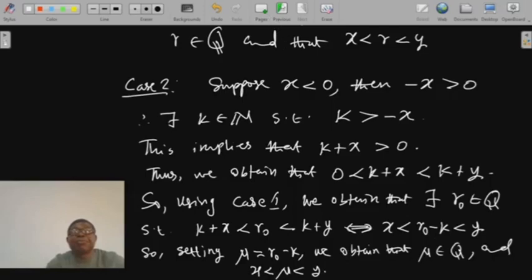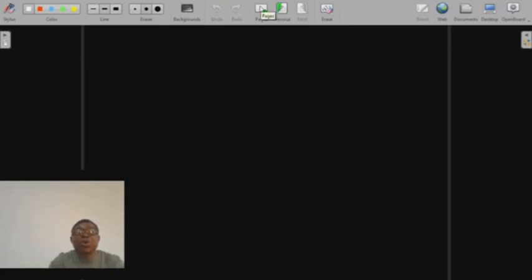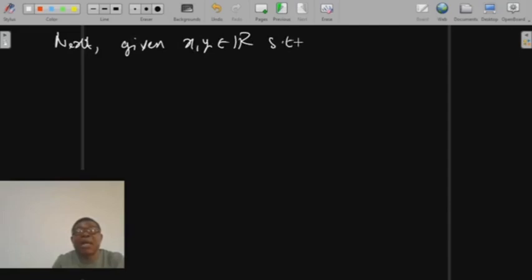Now, next, we shall also show that given any two real numbers x and y, there is an irrational between them. Now, next, given x, y in R such that x is less than y.